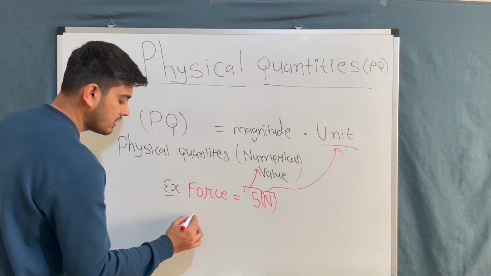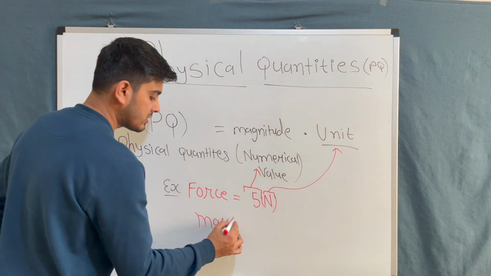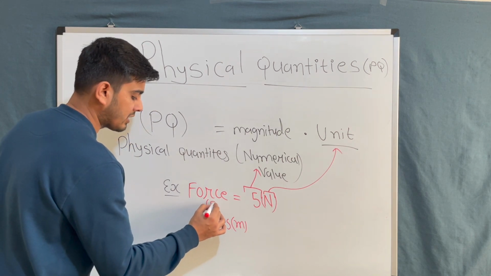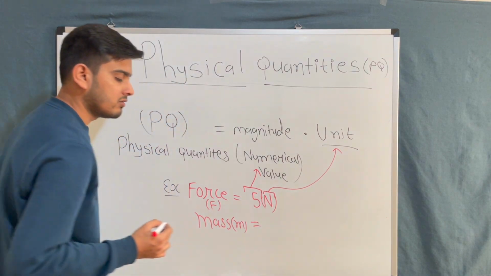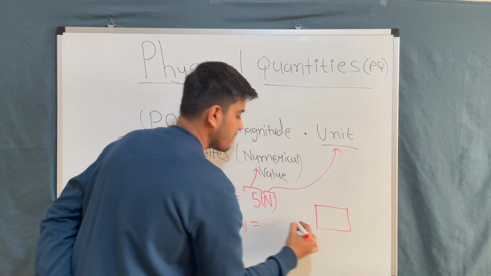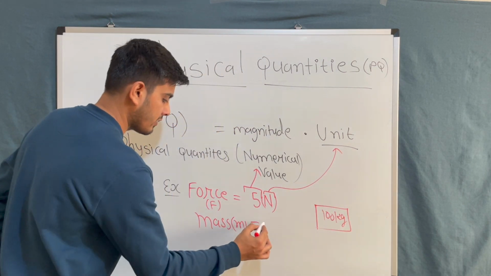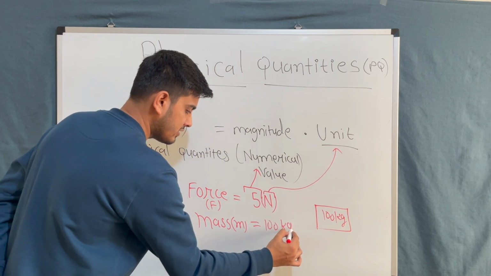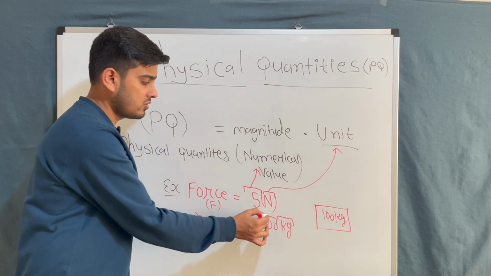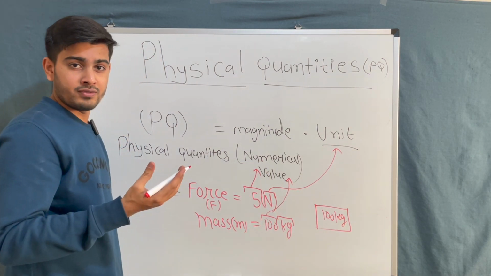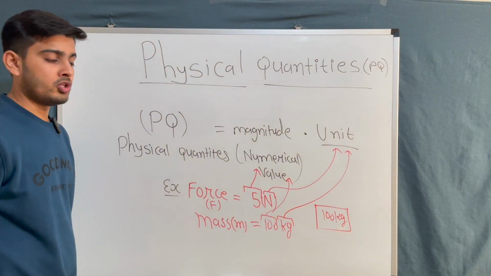One more example, mass. What is the symbol of mass? Small m. The symbol of force is capital F. The symbol of mass is small m, and let's say there is a box and the mass of the box is 100 kg. So I can write 100 kilogram. Kg is the symbol of kilogram. So this 100 is the numerical value or magnitude of the physical quantity, and kilogram is the unit.